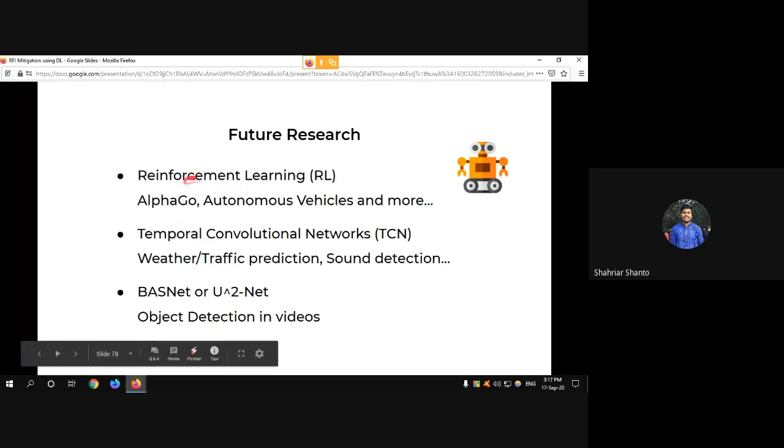Reinforcement learning is a big area of research right now. AlphaGo, the machine learning player of the game Go, actually won against the best player of Go in the world, and reinforcement learning is also used in autonomous vehicles, like Tesla's Autodrive self-driving systems, and much more.